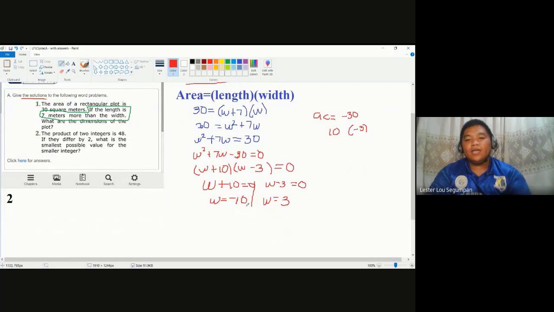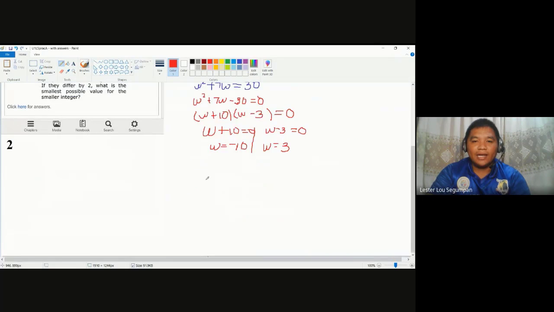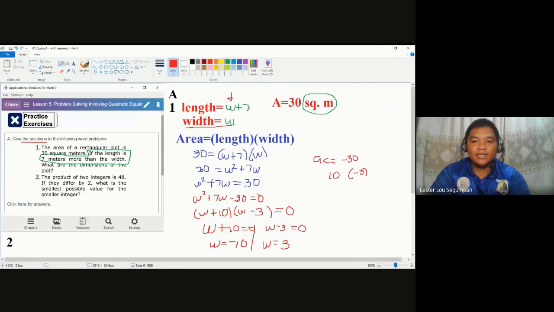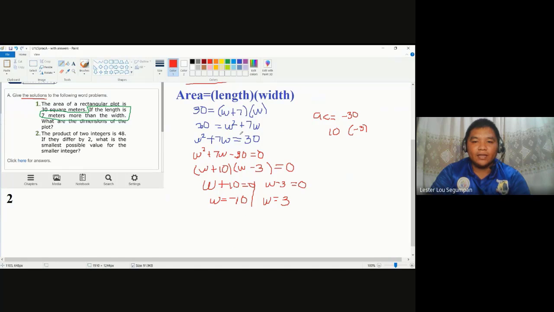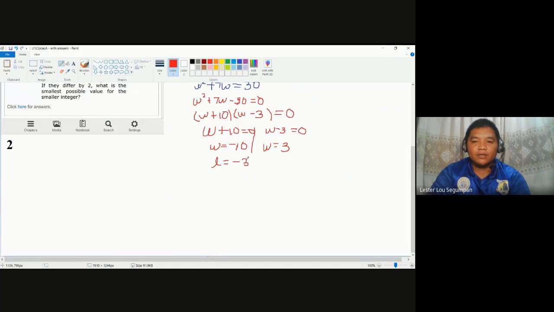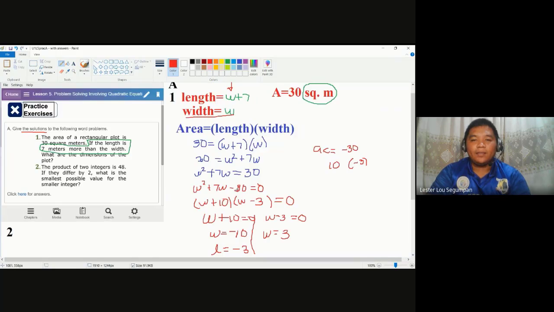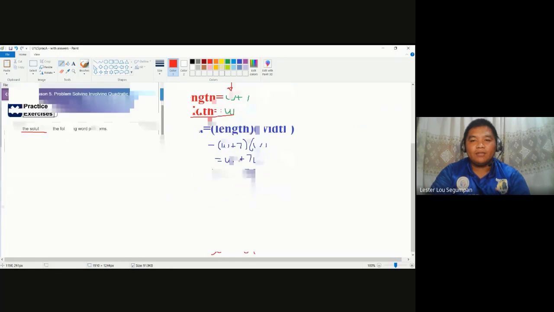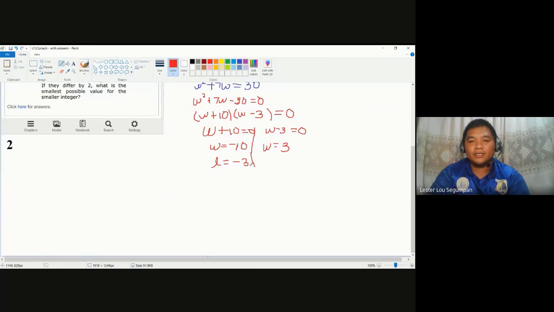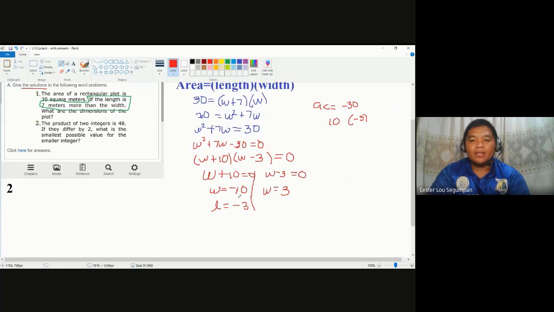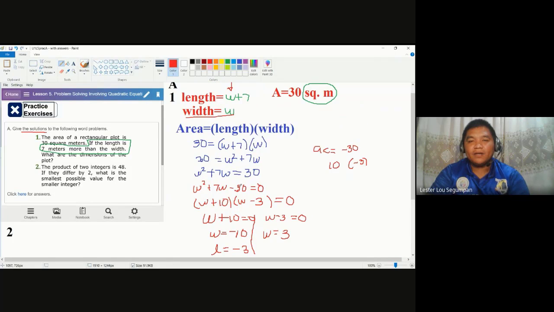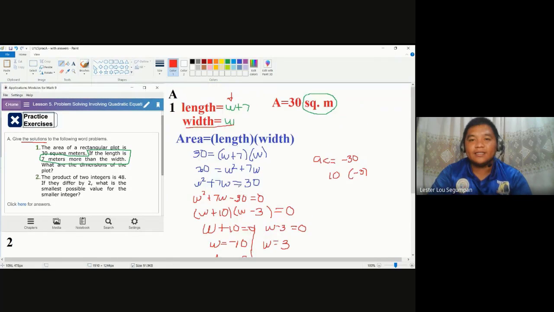If you're going to use W as negative 10, your length, negative 10 plus 7, is equal to, let's use L, negative 3. And the product of the two, as solving for the area, length times width, will still be equal to positive 30 square meters. But in the first place, the measurement of the length and the width should be positive because it's a measurement, it's distance.